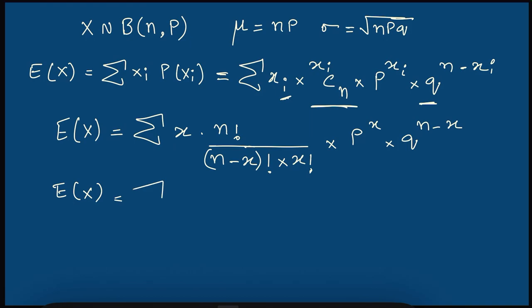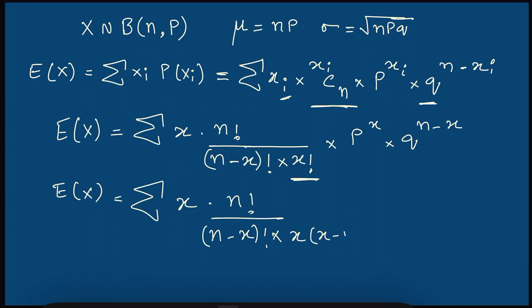If we extend the expectation of x, then x into n factorial. How can I write the x factorial? x into x minus 1 factorial. That's quite easy. No rocket science here, if I am writing all the things in the correct way.